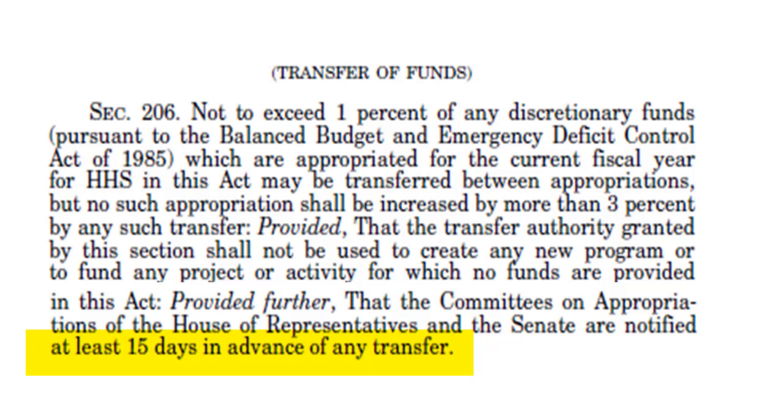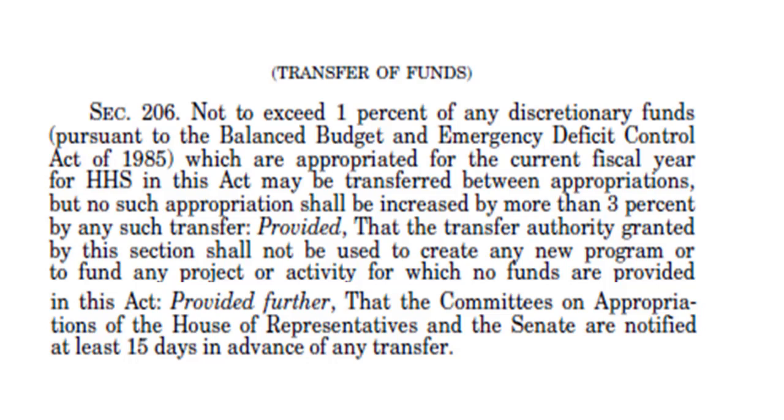This authority is established in law in a general provision of the Labor, HHS, and Education Appropriation Act. In other words, Congress is permitting the repurposing of a small percentage of funds they appropriated under conditions they get to decide.